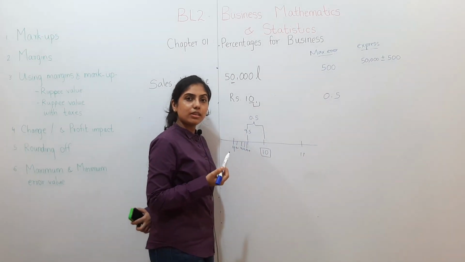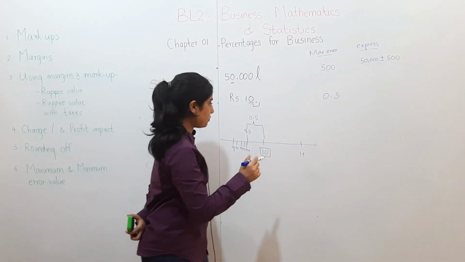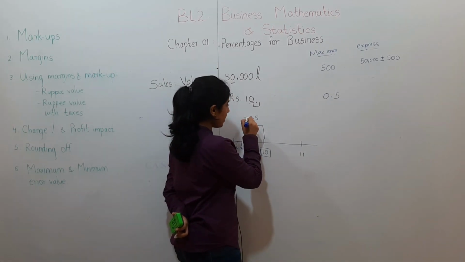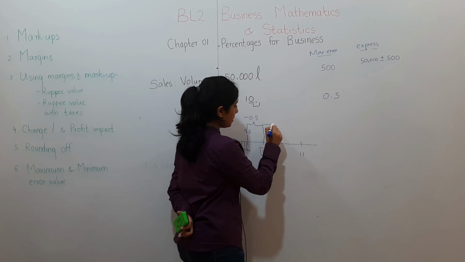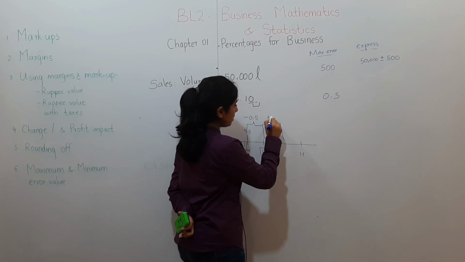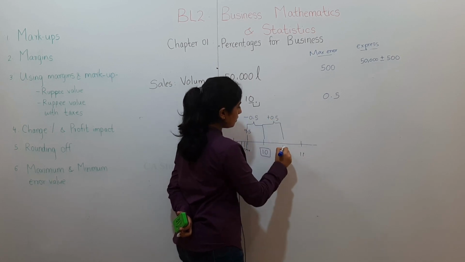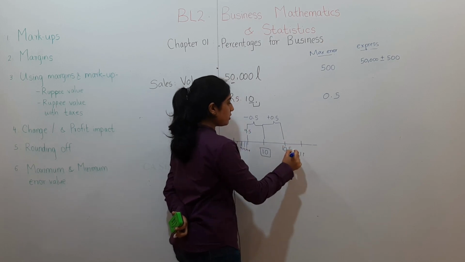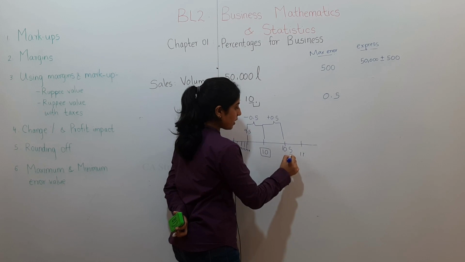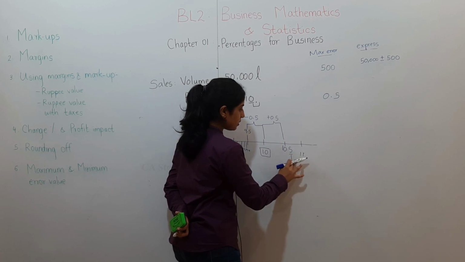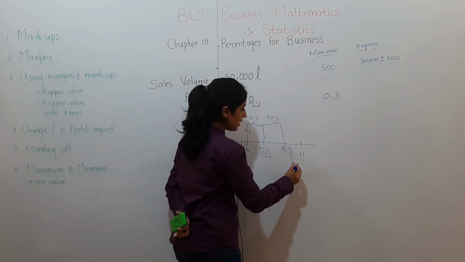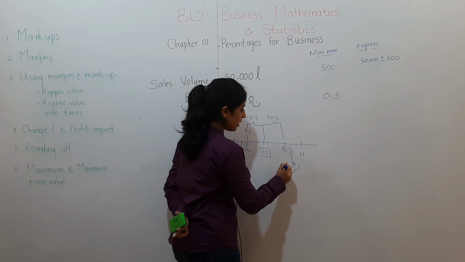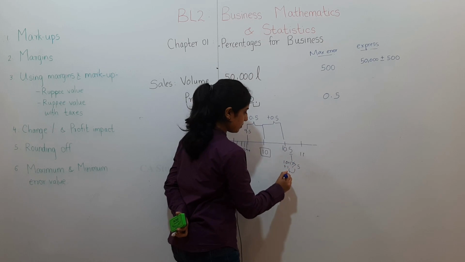Even though the plus of the error is over here, it gives you 10.5, and this 5 will definitely add 1 to 10, so it will become 11.